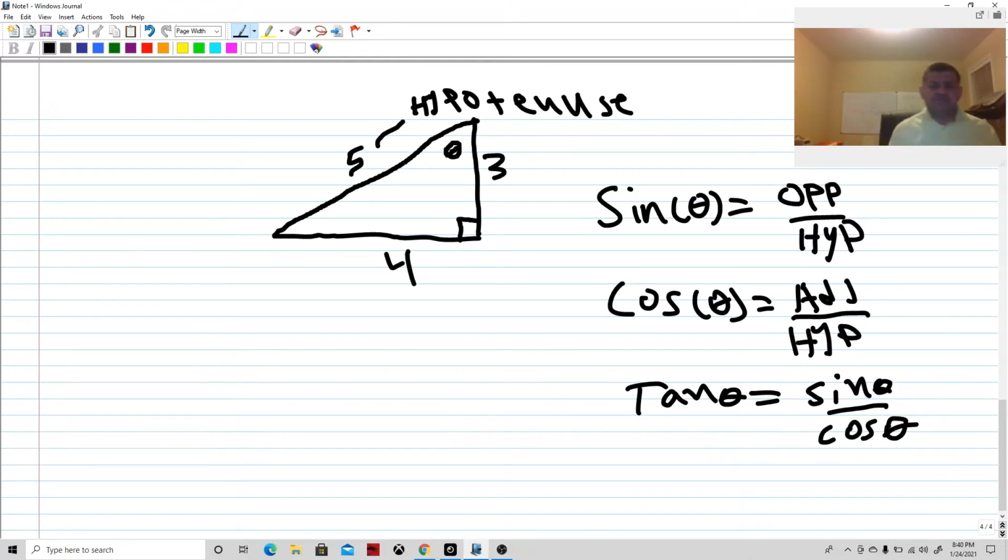Okay, so basically also you can say that the tangent of theta is equal to just the opposite over the adjacent, and that also I think is a valid argument.